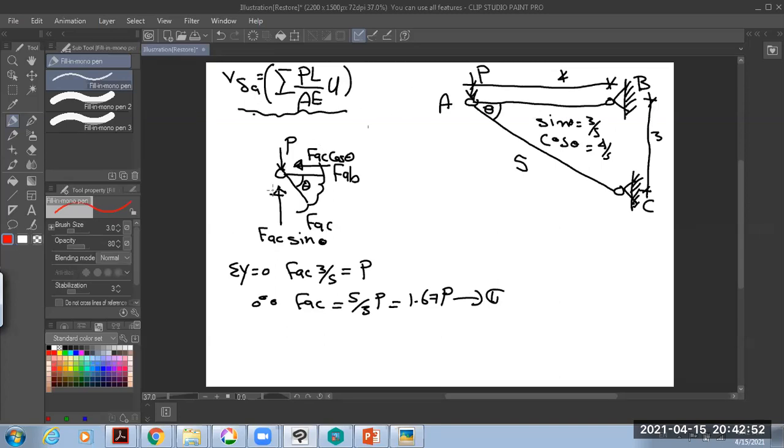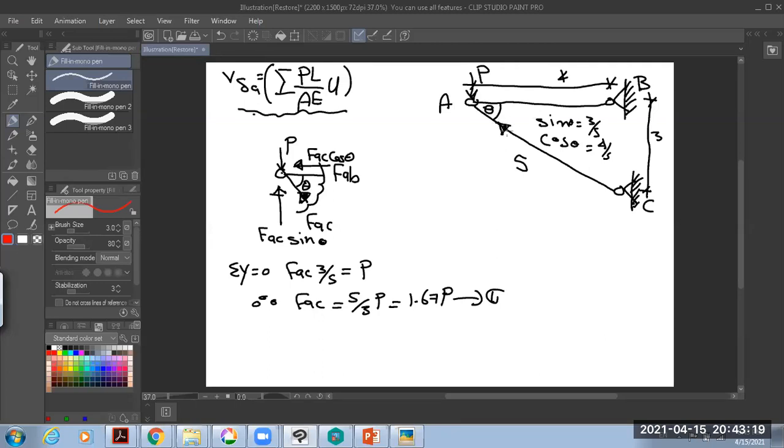If this force is downward, for sure 100% the force decomposed in the vertical direction should be upward. If this force is upward, that means the internal force is in this direction. Put your finger here at this joint. This force is pressing, that means this is compression.